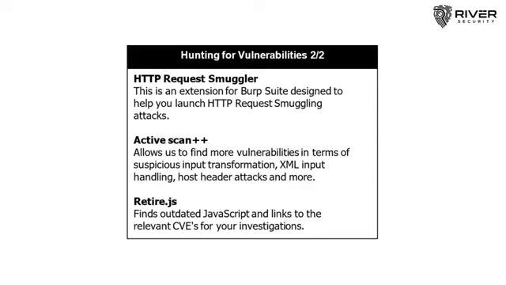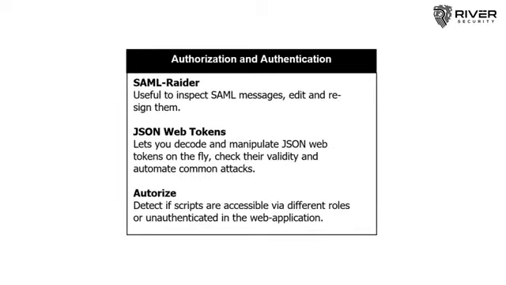Pretty useful. There are also extensions that allow us to explore authentication and authorization errors, mistakes, misconfigurations, and so on. Today, a lot of applications are using the Security Assertion Markup Language, SAML. SAML is used more and more, and SAML Radar allows us to intercept SAML messages and automatically decode them.